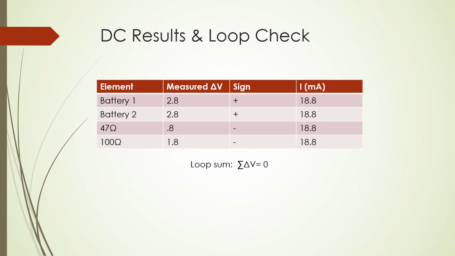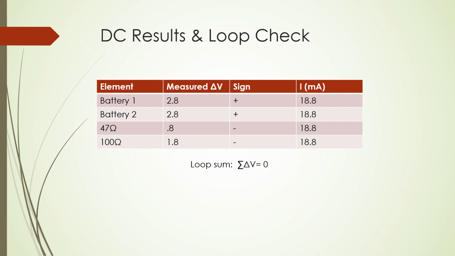And these are our results for the first part of the experiment, which is DC. So for battery one, we measured the delta V is the same for both batteries, and the sign is positive of course, and then I, the current, is 18.8 milliamperes everywhere because it doesn't change.